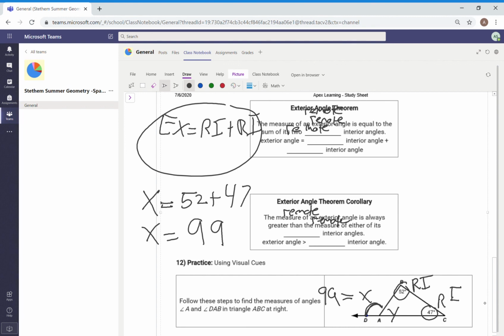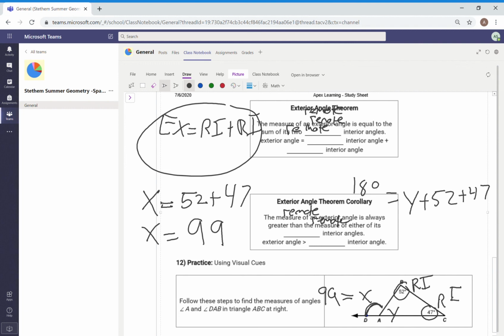Then if I wanted to find Y, I have options. I can go back to my sum of interior angles. So I could say Y plus 52 plus 47 should equal 180. Add them together.